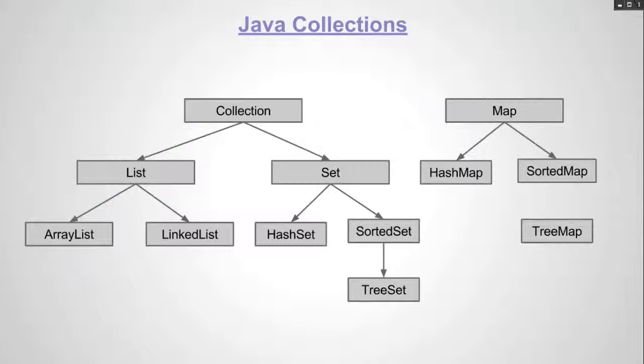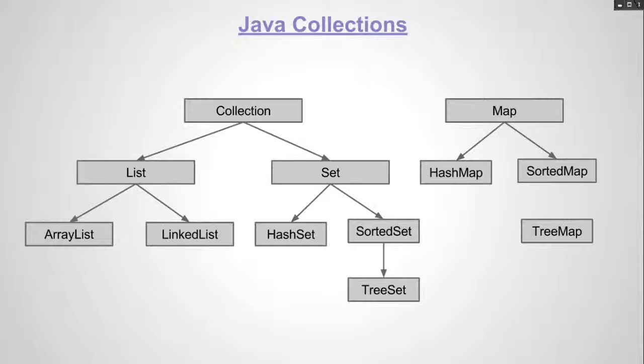This is the hierarchy of collections. The collection interface has multiple sub-interfaces, but the commonly used ones are list and set. The list interface is implemented by the classes array list and linked list.